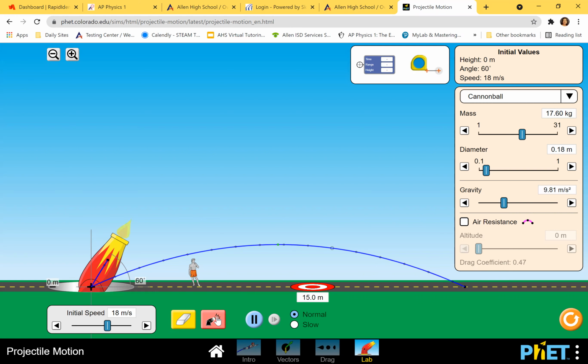Fire in the hole. So if you can see behind there, I can't move the control panel, but it went behind it and landed further. Okay, and then there's 45. 45, fire in the hole. You ready?